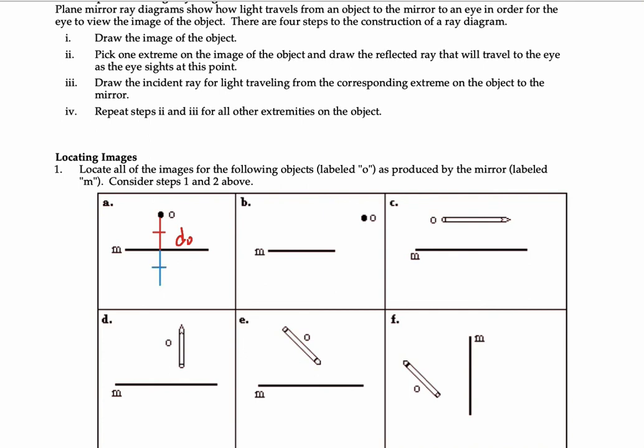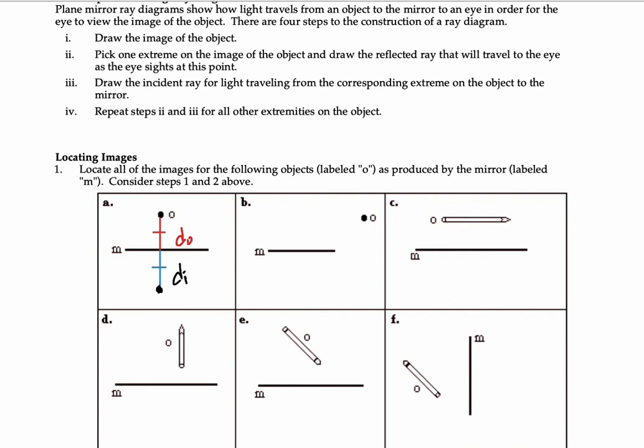This line implies that this is equal to this. So then our image will be out here, a little circle. So then this will be the image distance equal to the object distance.